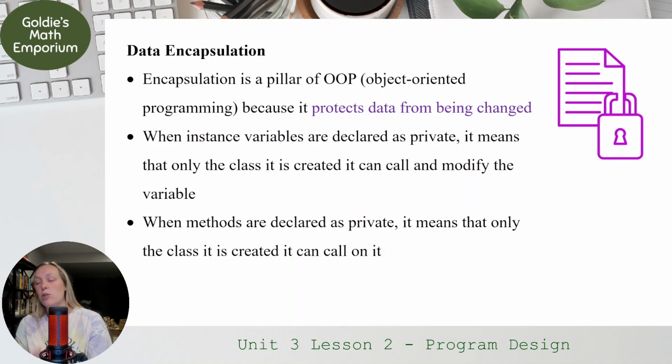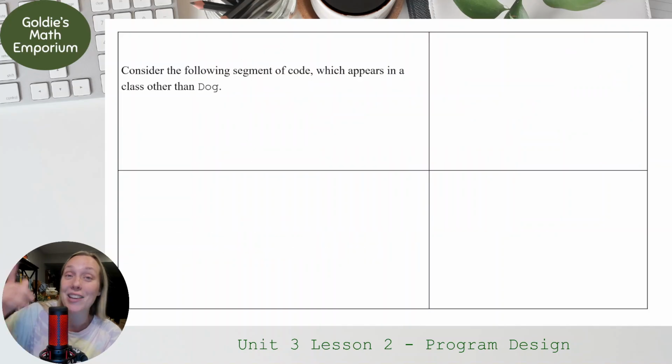Right now we're at the point in the course where it's like, well, who do I have to protect the data from, right? But what you're building now is foundational knowledge for larger things in the future. So just know that in OOP, encapsulation, protecting data, is so important. So we want to instill those values in you now.